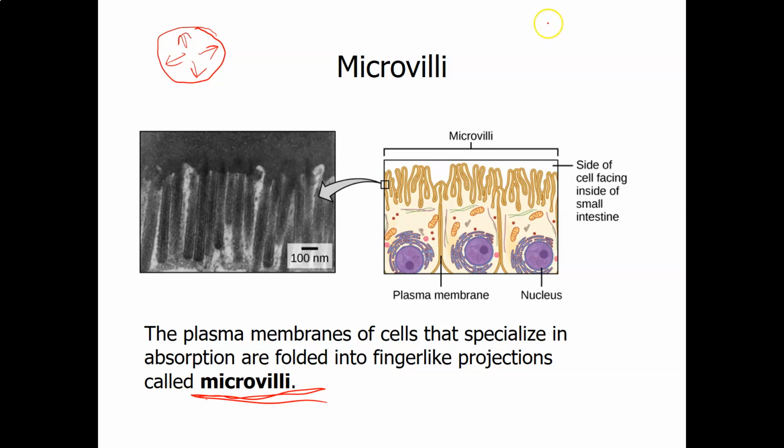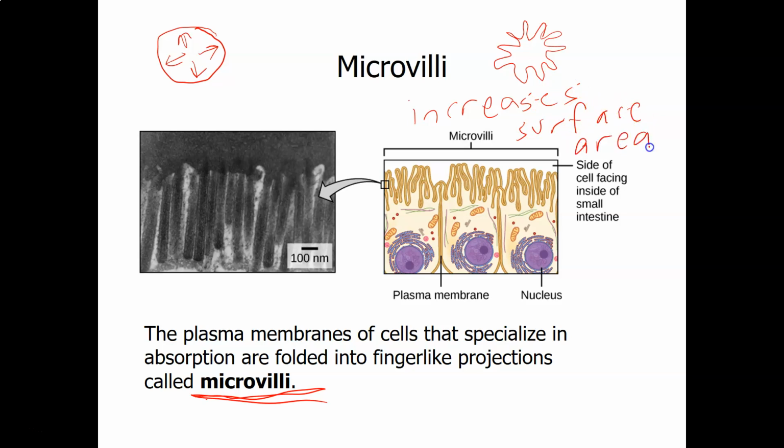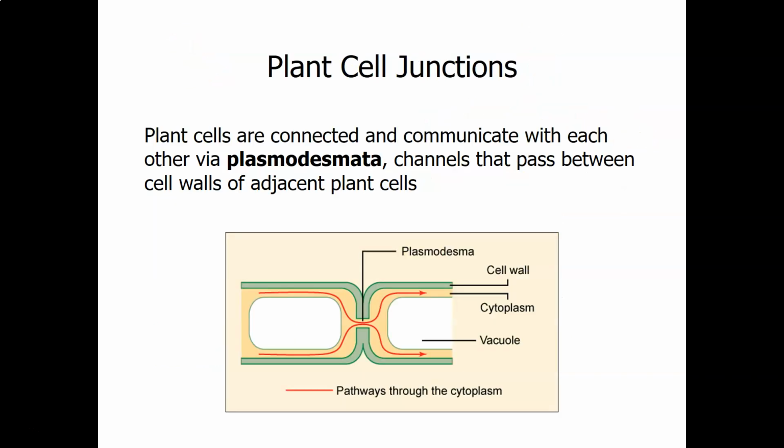But what if the inside were folded? You see how much more lining that gives us? So folding increases surface area for absorption. We can absorb much more nutrients having microvilli than we can if it's just a flat surface.